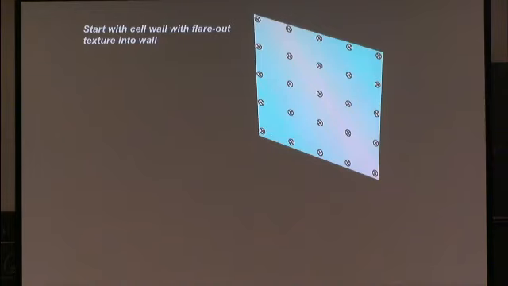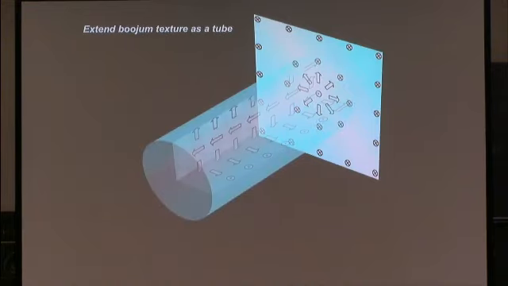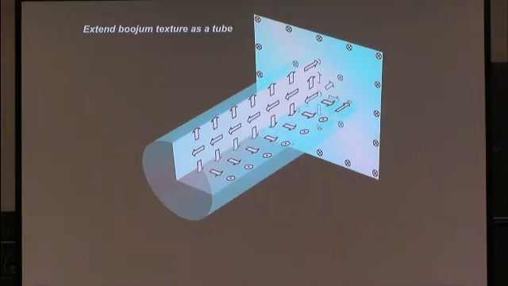So if we start with the L texture going into the cell wall, we put a boojum on there, flip round the L direction, we extend this boojum texture out into the bulk, but we rotate the L vector uniformly in the blue plane. All these are nice, okay things you can do to the B phase within the helium lengths in the system.